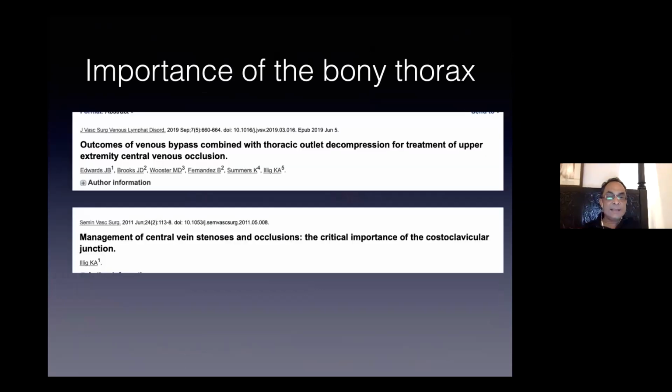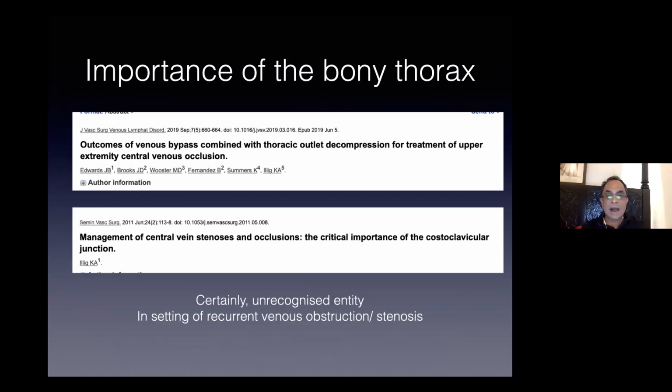So this is actually in the literature now: outcomes of venous bypass combined with thoracic outlet decompression for treatment of upper extremity central vein occlusion, and management of central vein stenosis occlusion, the critical importance of the costoclavicular junction and the importance of the first rib. And I will talk about that in a second. It is certainly an under-recognized entity, and it is certainly an entity in the setting of recurrent venous obstruction or stenosis.